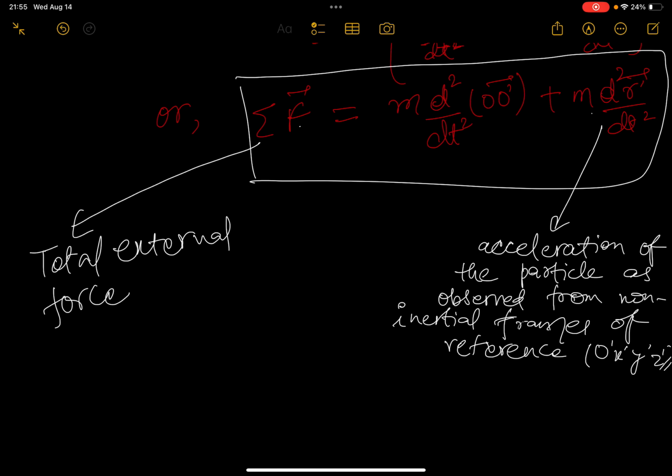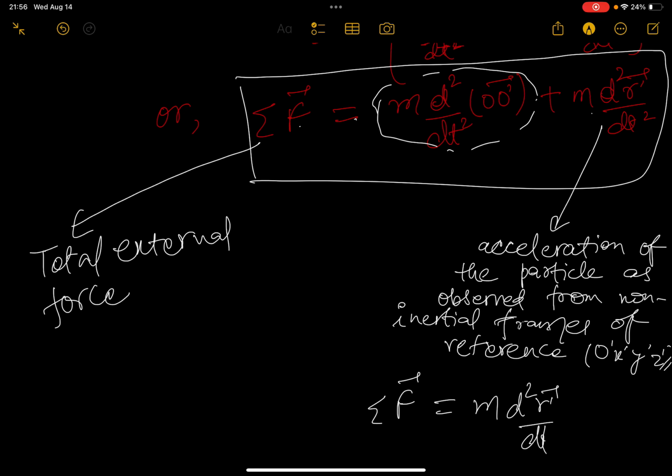And one amazing thing is that this additional term is also present. If someone doesn't know that Newton's second law is only valid for an inertial frame of reference, then he will just write summation F equals m d2 r dash by dt square.